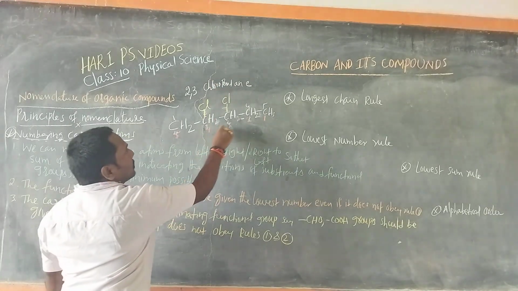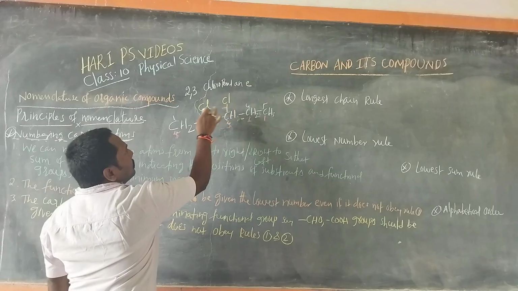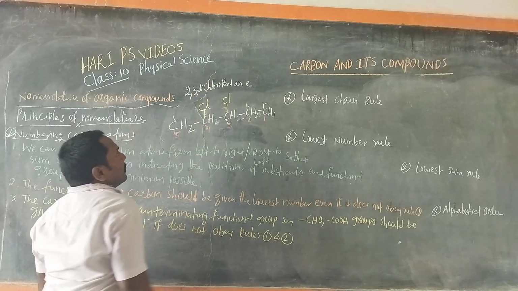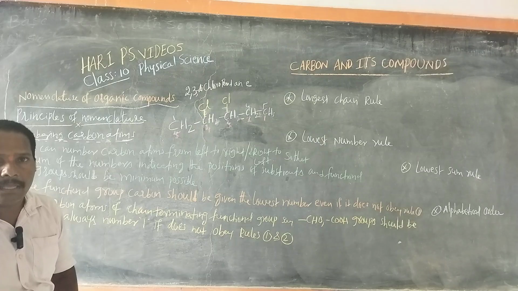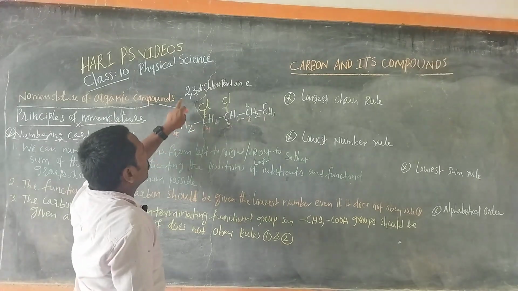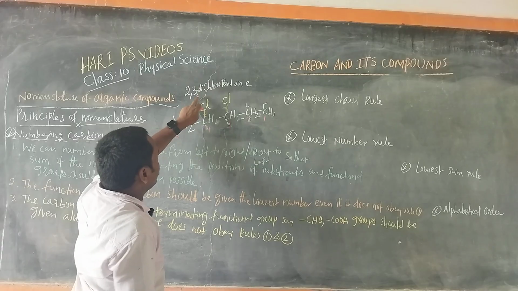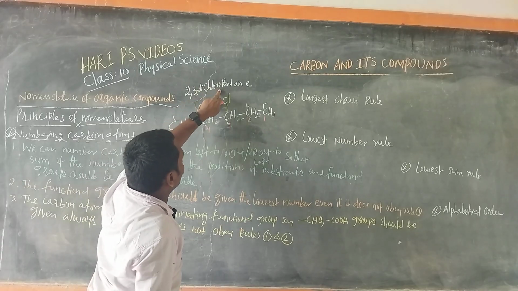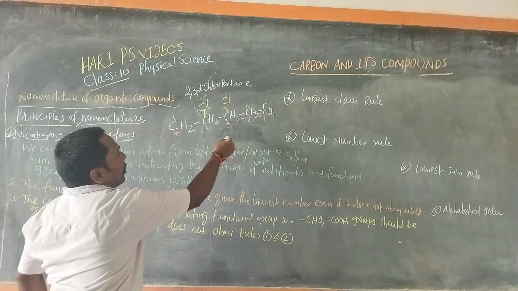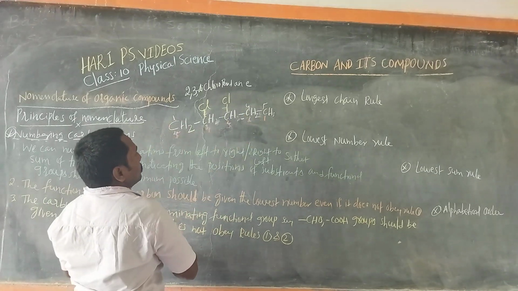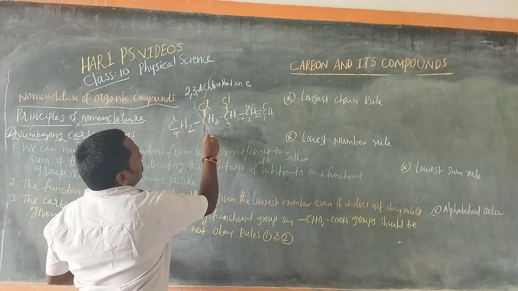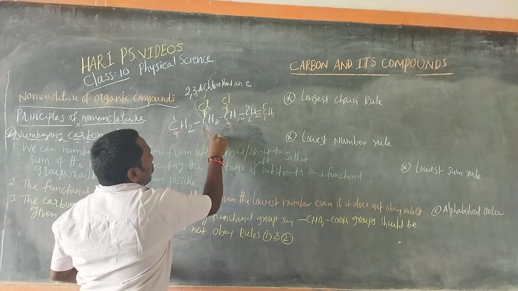Chloro. How many chlorines are there? 1, 2, so we can write di. So this name is 2,3-dichloropentane. Then when we count from right to left, the third carbon and fourth carbon have substituents, 3, 4.